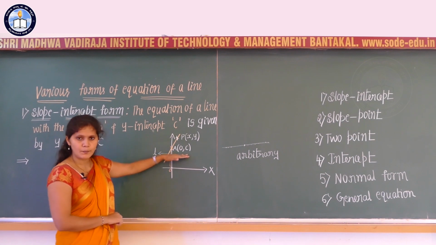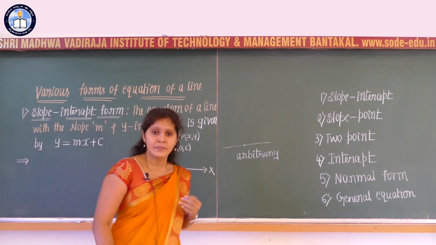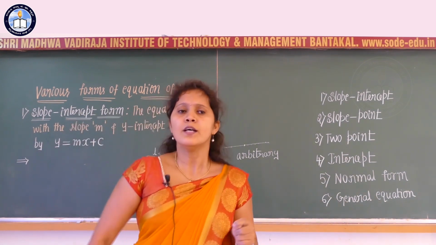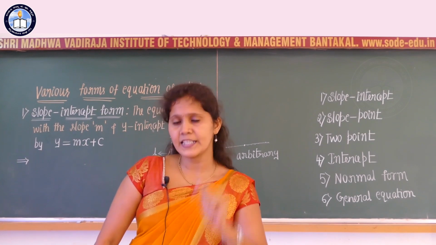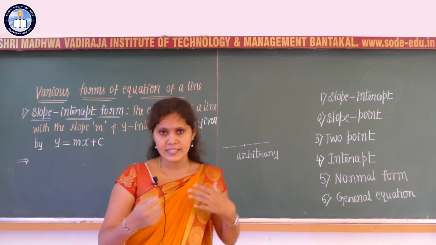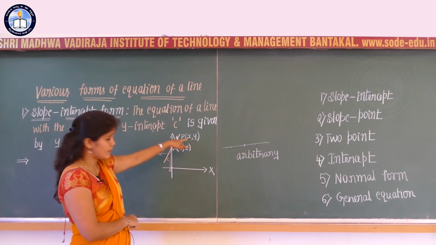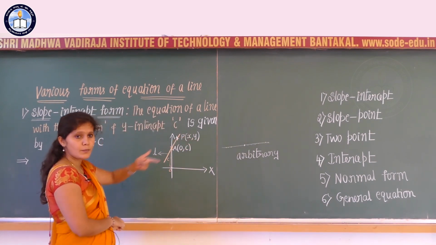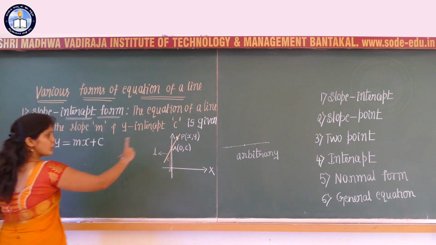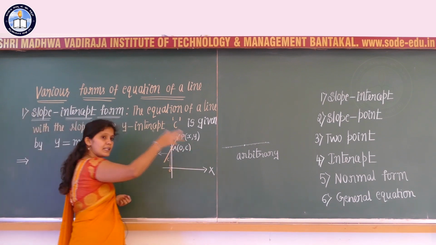One is the given point A of 0, c, since the y-intercept is given. And another one is the random point P of x, y, the arbitrary point. For these 2 points I can find the slope.